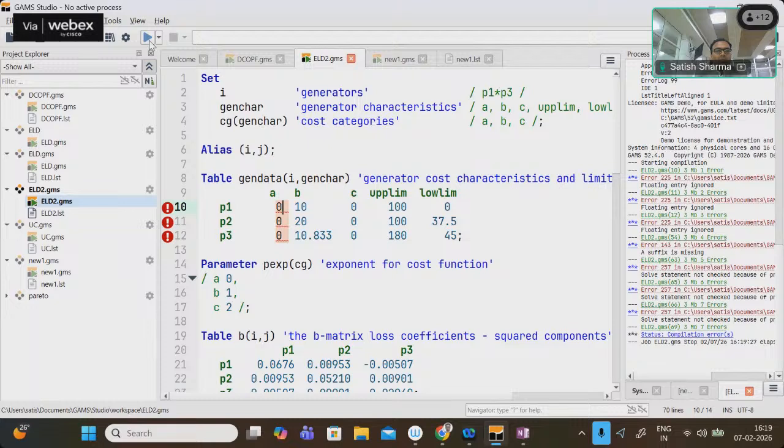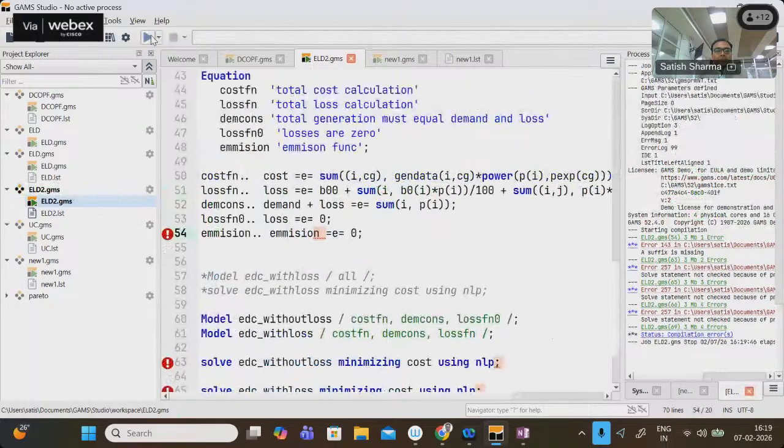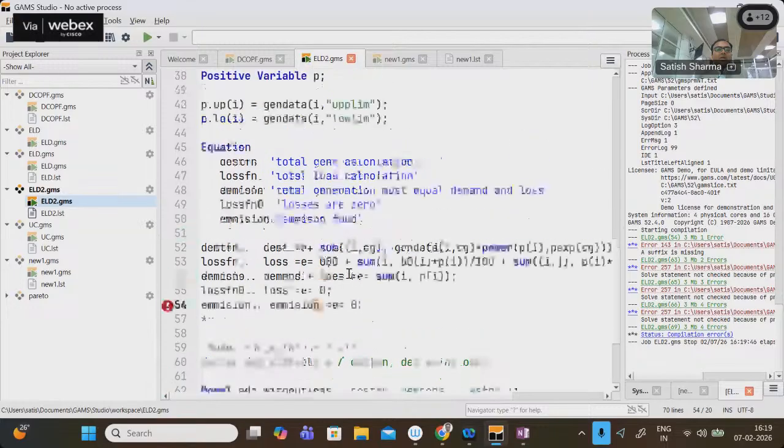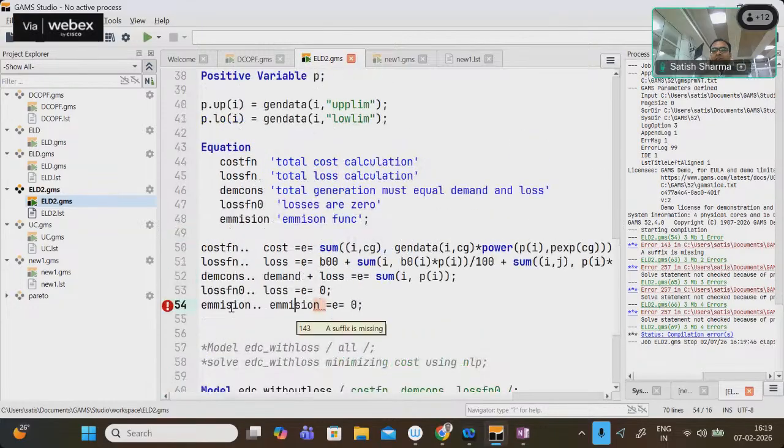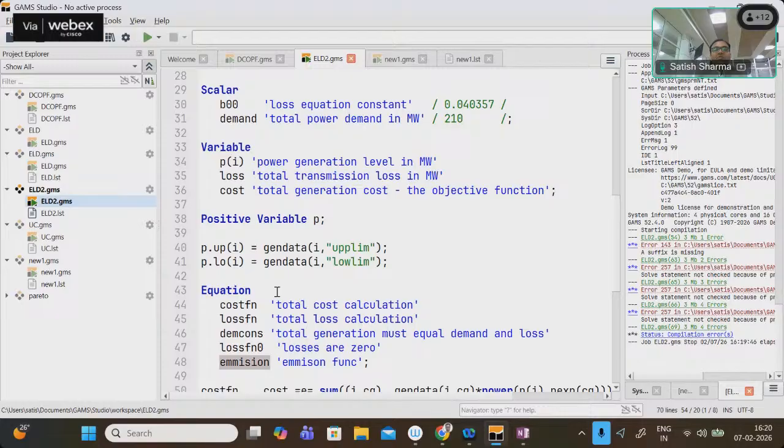Okay, floating entry ignored. Why? Okay, so here some error is coming, and it is because I have defined the equation, but I have not defined emission as a variable, because there is no variable named emission.